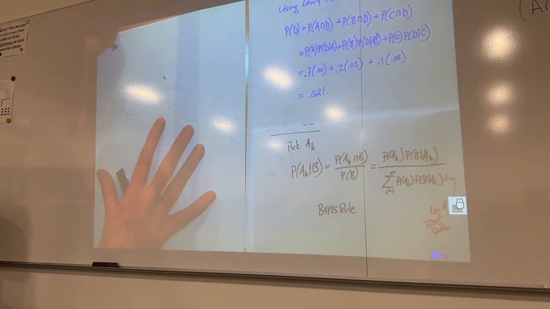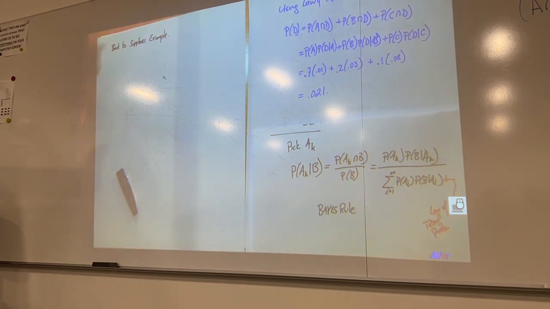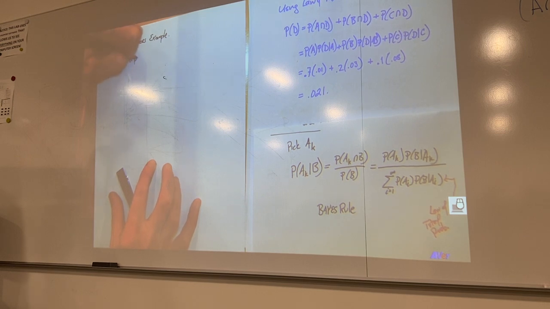So back to the supplier's example. Given a part is defective, what's the probability it came from supplier C?